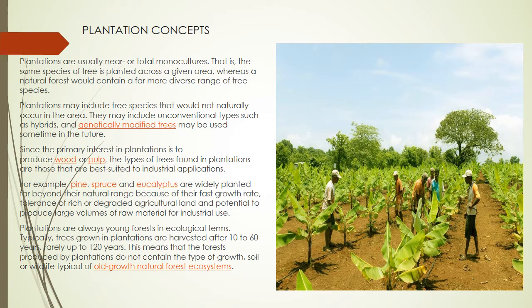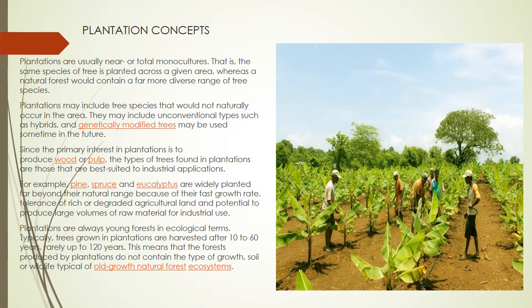Since the primary interest in plantation is to produce wood or pulp, the types of trees found in plantations are those that are best suited to industrial application. So, the trees which are going to give a lot of commercial or economic fulfillment are the ones considered in plantation agriculture.